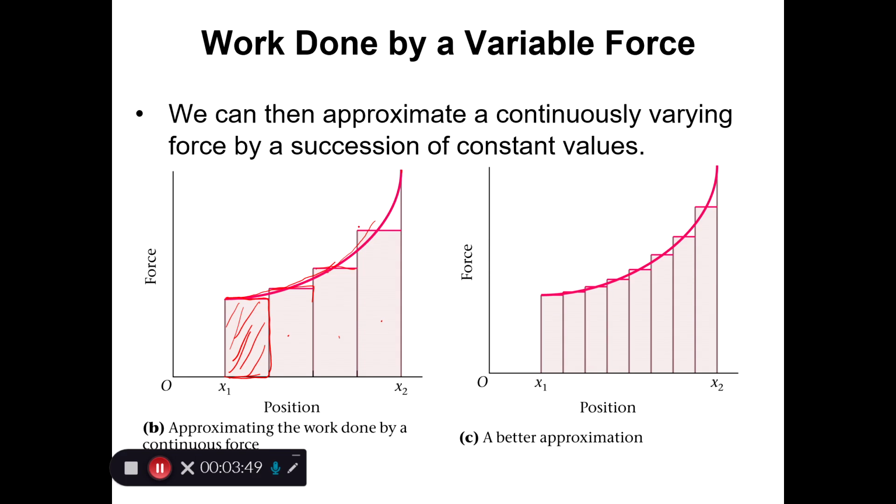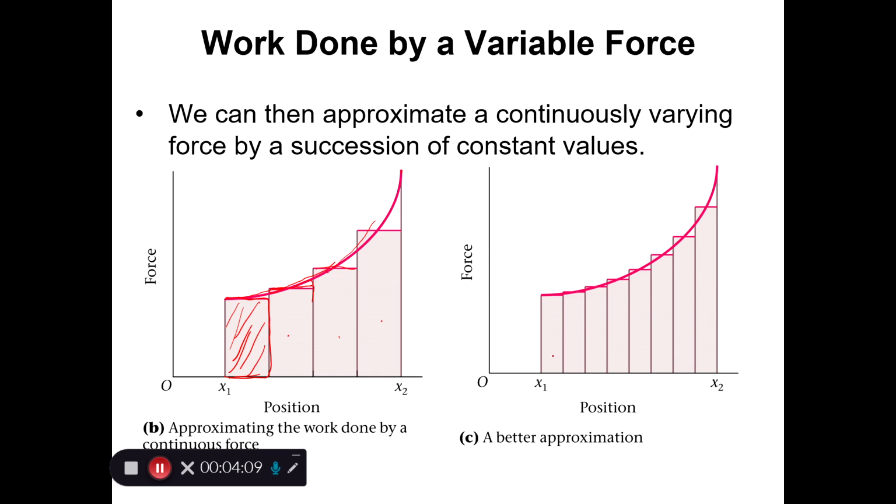Now this is a curve, so you see some part is missing and some part is added, so this is just an approximation. How do you make this approximation better? You make the rectangles as small as possible. In the second part, this rectangle is smaller than the first one, so your approximation is better.